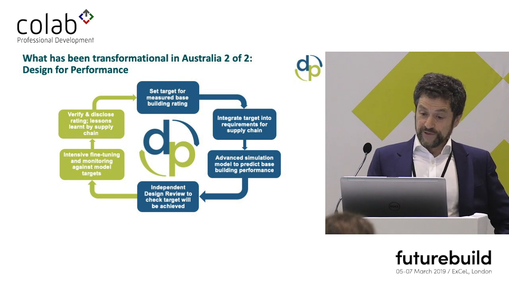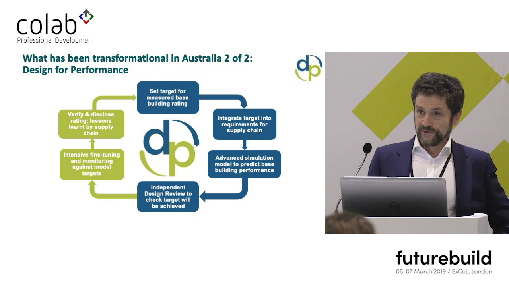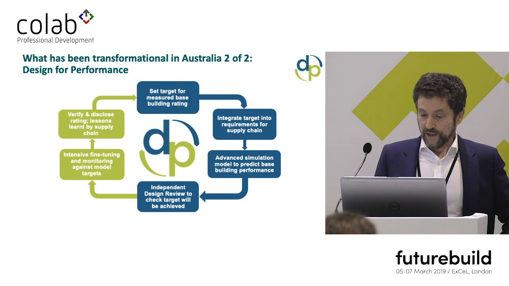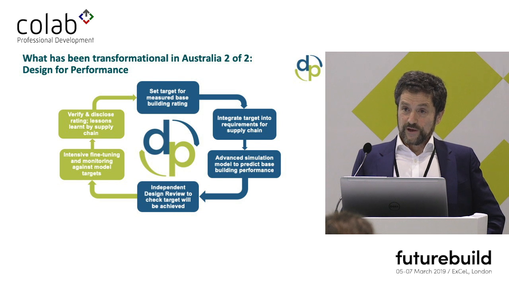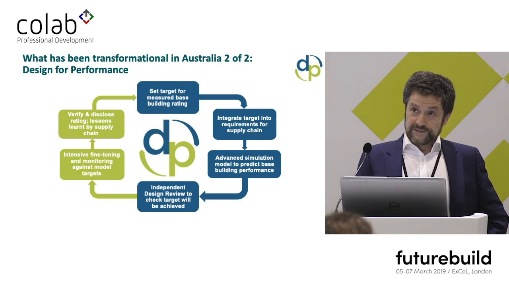And the process for them to do this is what is coming up on this diagram. So the first thing they do is ask for the target rating that they want, 4 stars, 5 stars, whatever. They integrate that target into the requirements for the whole supply chain. They use much more advanced computer simulation to ensure that the building is going to perform in the way that is intended.